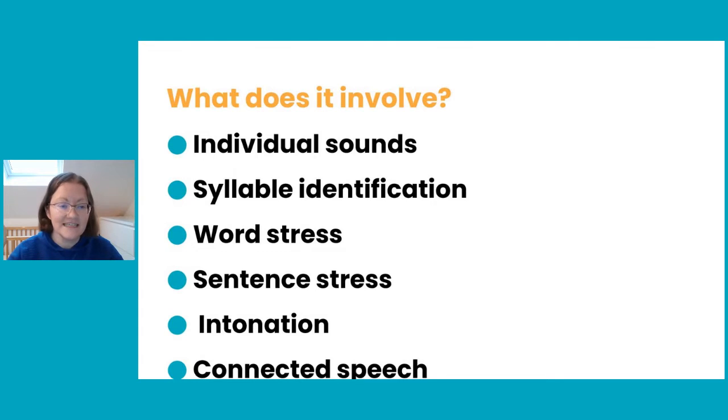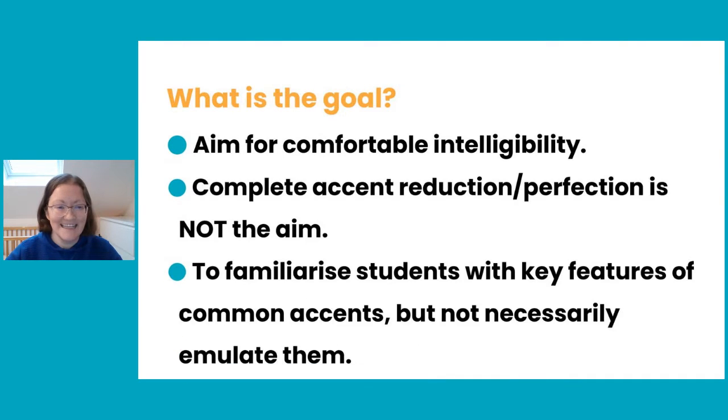We'll explain those later if you're not clear. It includes teaching intonation, and it involves looking quite closely at connected speech. All right, so those would be the main areas we mean when we talk about teaching pronunciation. Later on in the webinar, we're going to go through all of these things. So again, don't worry if you don't recognize the terms yet. Hopefully you will by the end.